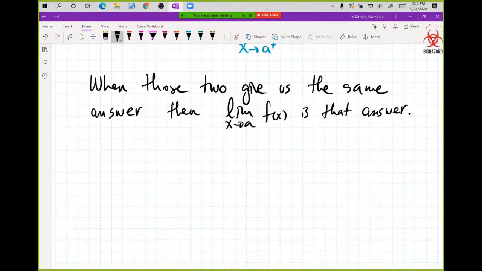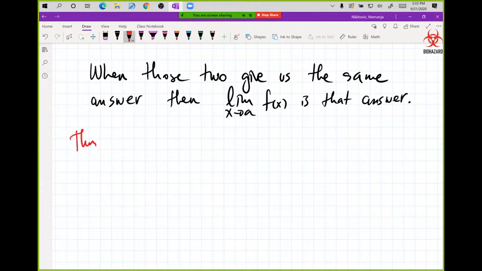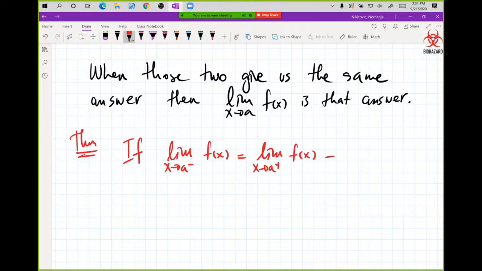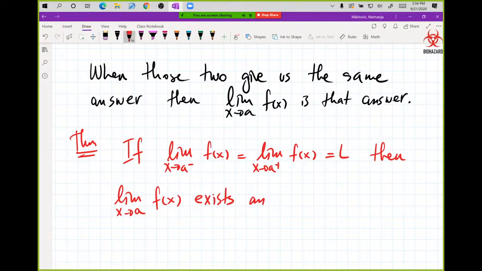And that theorem is going to say that if the limit as x goes to a minus of f of x is the same as the limit as x goes to a plus of f of x, equal to L, then the limit as x goes to a of f of x equals L. Well, that's what it means for the limit to exist, and it is equal to L.